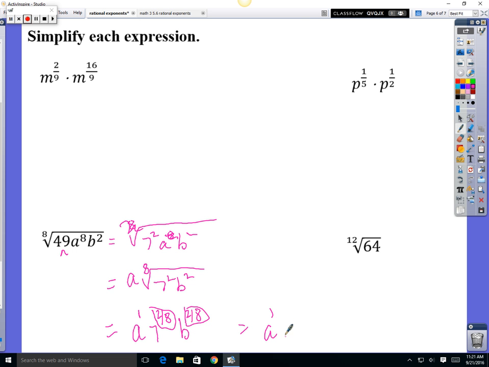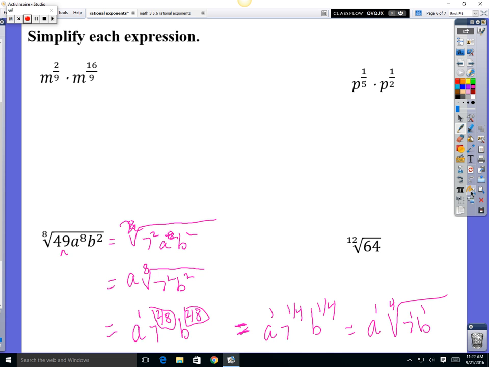So go a to the 1, 7 to the 1 4th, b to the 1 4th. And for fun, if you wanted to morph it back, you could go a to the outside, and now you've got 4th root of 7 and b, because 2 8ths is the exact same as 1 4th. So all three of these are the same.